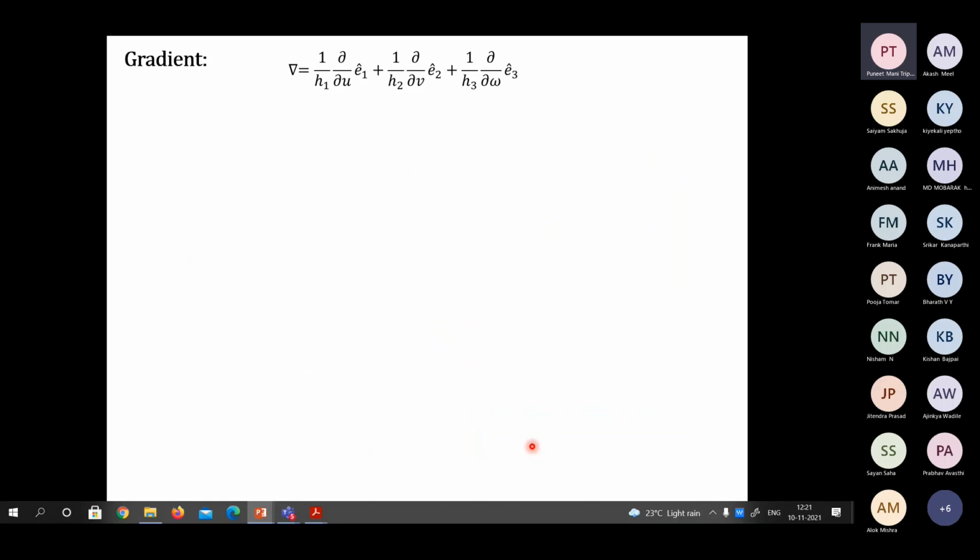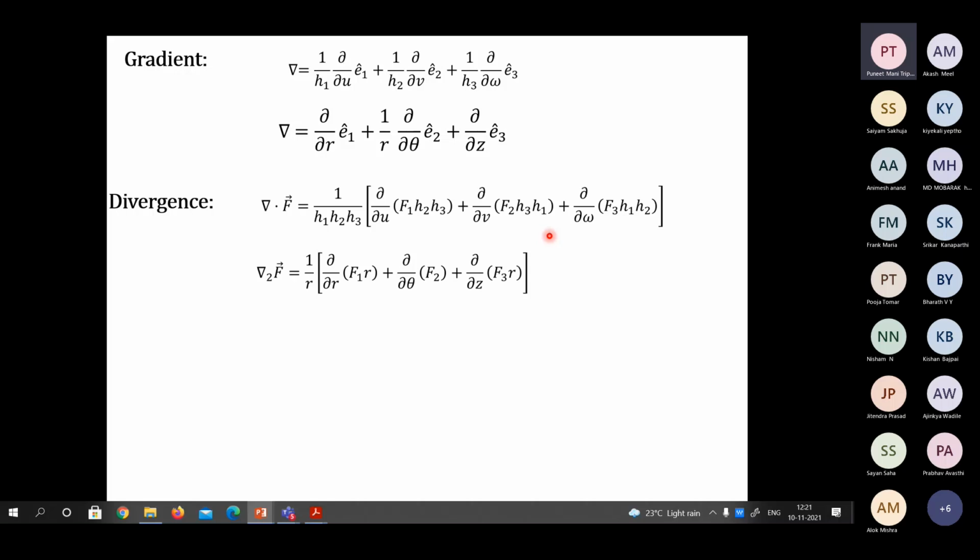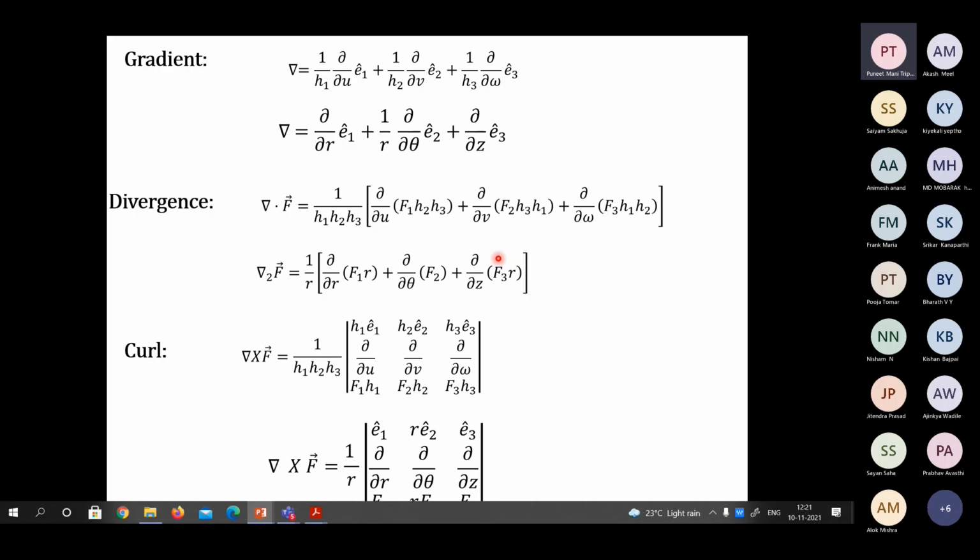You know h1, h2, h3, what they are, and also e1, e2, e3, and u, v, w are r, theta, z. So you find the exact expression for the cylindrical system, for gradient, divergence and curl. You do it and we will see in the next class.